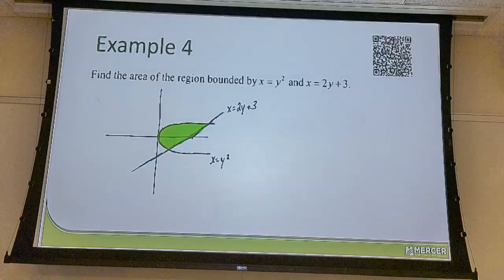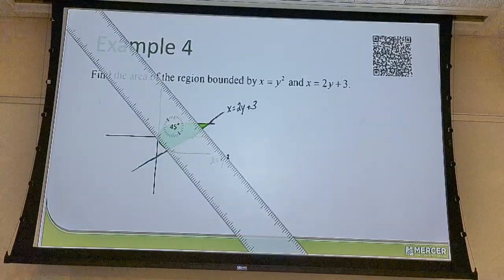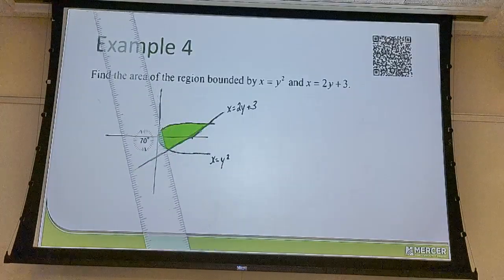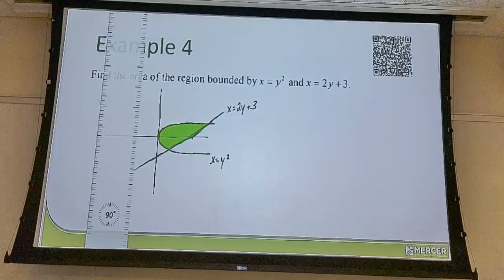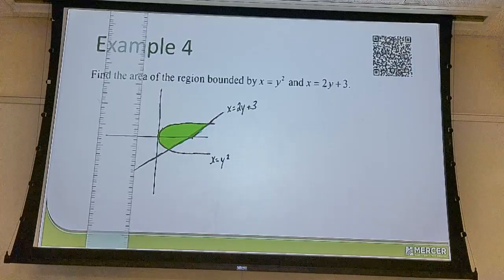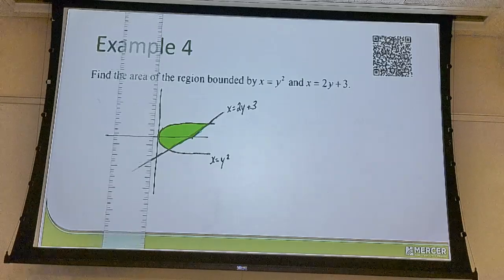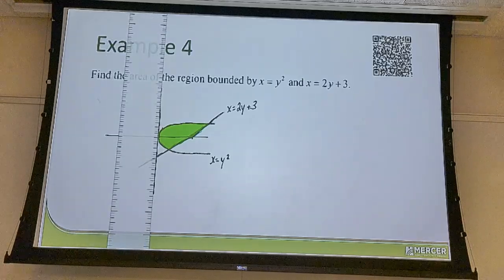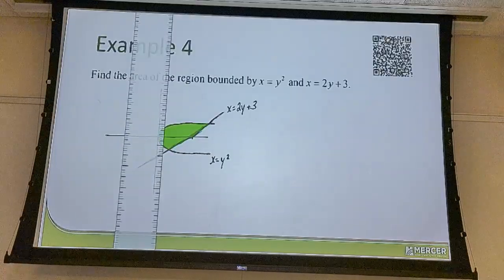Now, what would happen if we try to do it the way that we've been doing it? So imagine vertical slices. Right here, what is the upper limit and what is the lower limit?